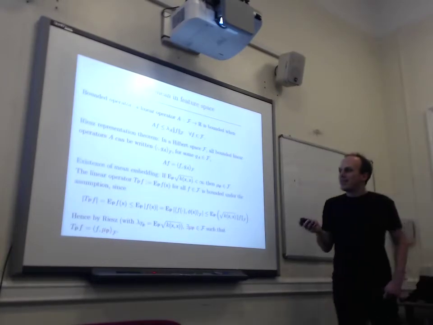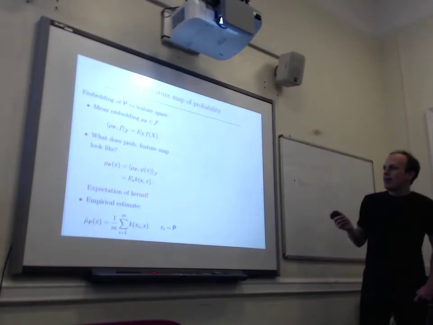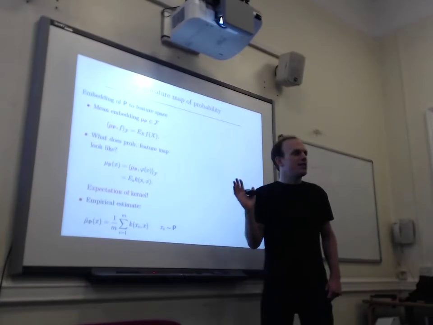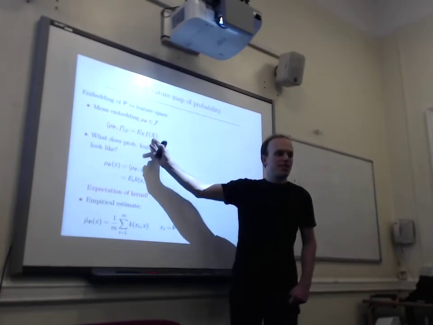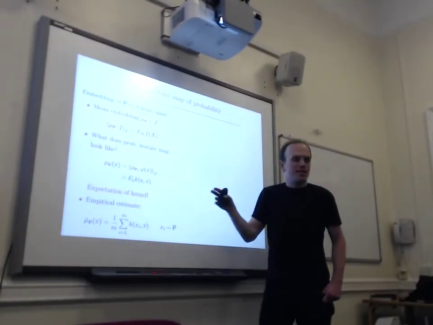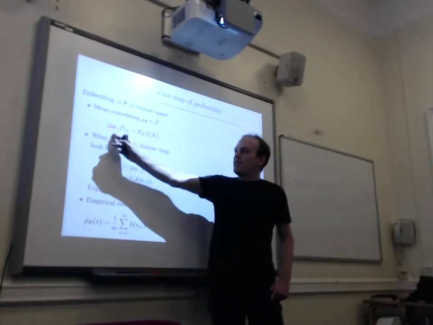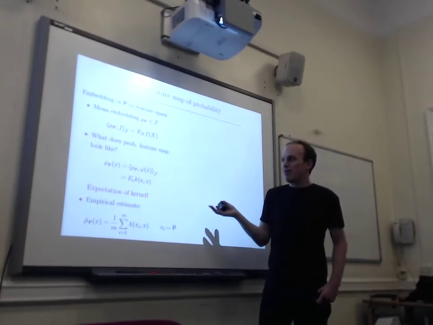Okay. So I've now said that this mean embedding is a function in the reproducing kernel Hilbert space that allows you to take expectations of f as inner products. Okay, so this is the expected feature map that exists as long as the square root of the kernel is bounded. Now, because this is in the feature space, you can actually plot it as a function of x.